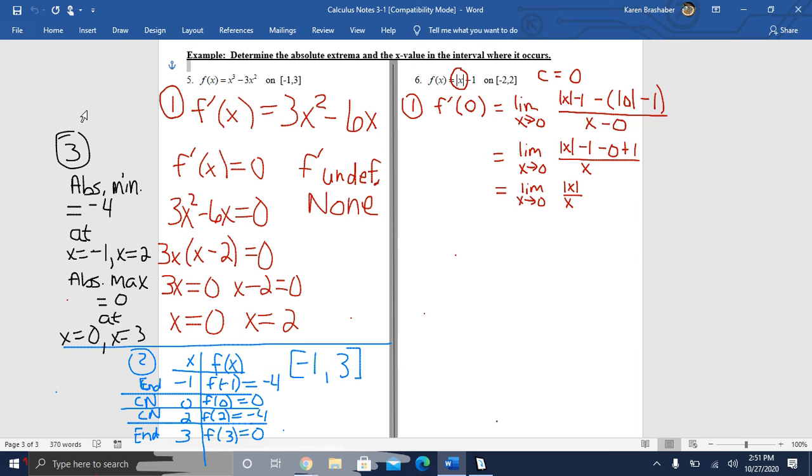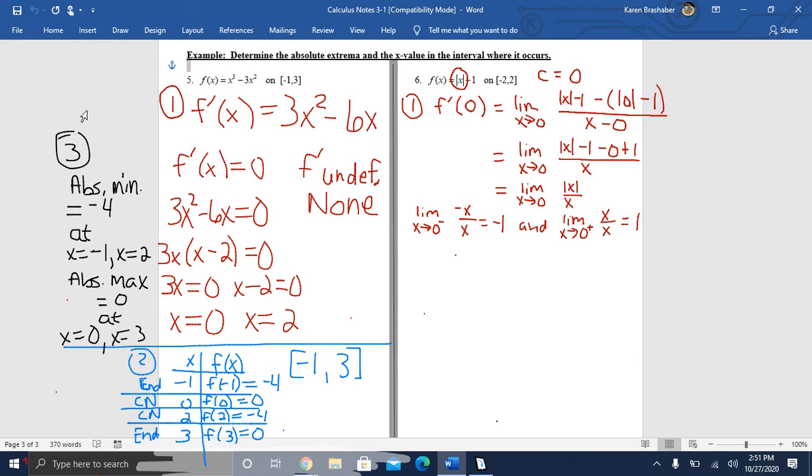And if you investigate that from the left and from the right, so if we do the limit as x approaches 0 from the left, removing the absolute value and using the negative x over x, that would be negative 1. And the limit as x approaches 0 from the right, we'd use the positive branch, so x over x. That would simplify to 1.